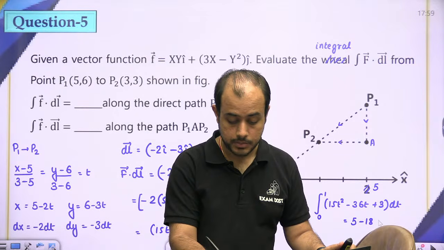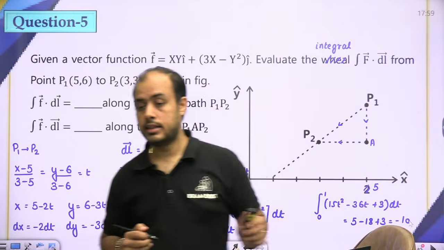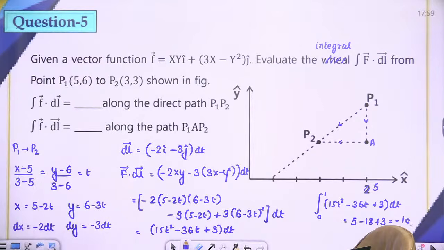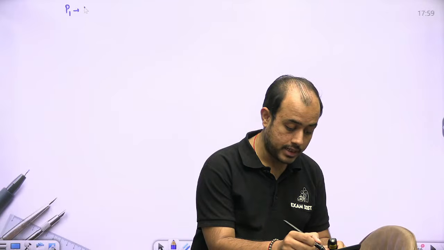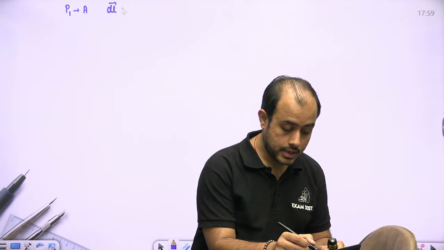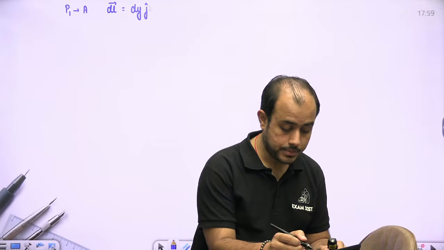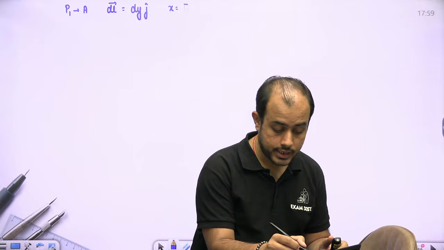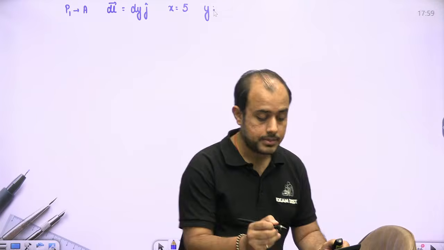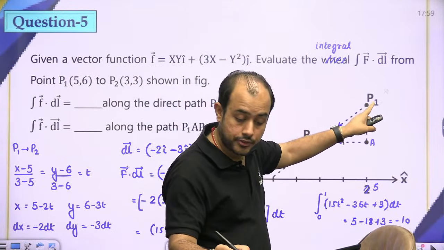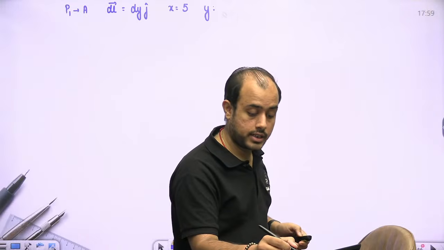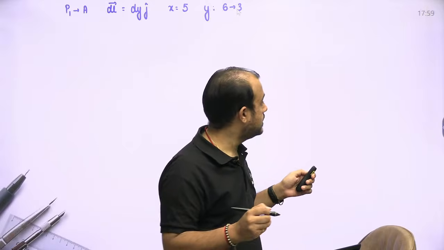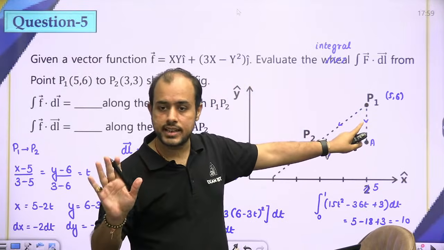5 minus 18 plus 3 minus 10. एक बारी चेक करो, yes minus 10 correct. Now when I go from P1 to A, when I'm going from P1 to A beta, dl will be dy j cap. ठीक है, x is constant at 5 and y comes down from this point, 5 comma 6 to 3 comma 3, तो y comes from 6 to 3. अब ऐसा मत कहना कि सर नीचे था तो आपने माइनस dy क्यों नहीं लिया, दैट इज इंक्लूडेड इन द लिमिट.